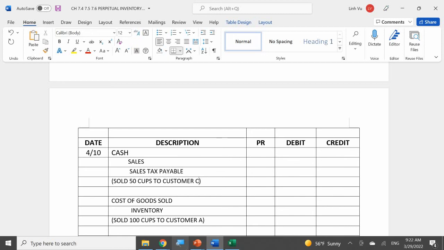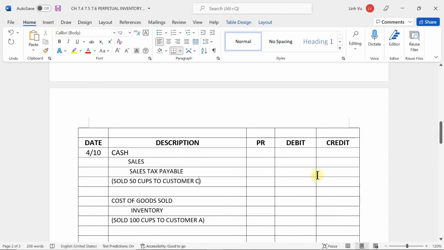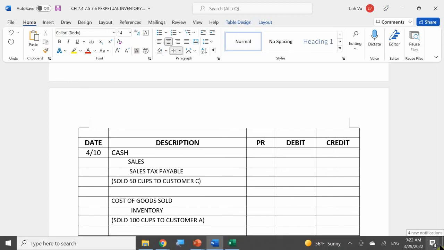So in this case, I sold 50 cups for $5 each to customer C for cash. So in this case, I sold 50 cups for $5 each. $2.50.